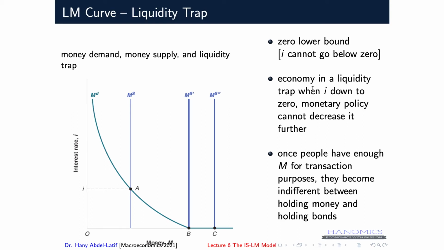Again, as the interest rate decreases, people want to hold more money and, of course, less bonds. We already know that from before, and that explains the inverse or the downward sloping demand for money curve.